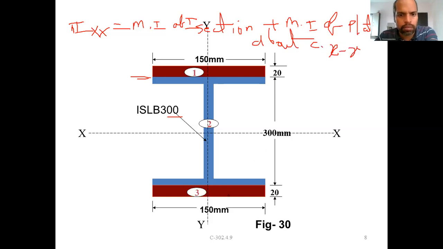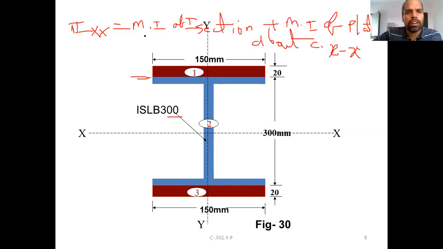About centroidal x means the moment of inertia of these plates, one at the top and one at the bottom, about the centroidal x-axis of the entire section. That is nothing but the moment of inertia of plates about the centroidal x-axis of the entire figure.